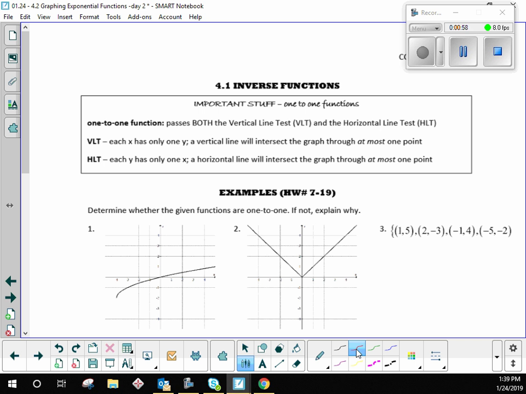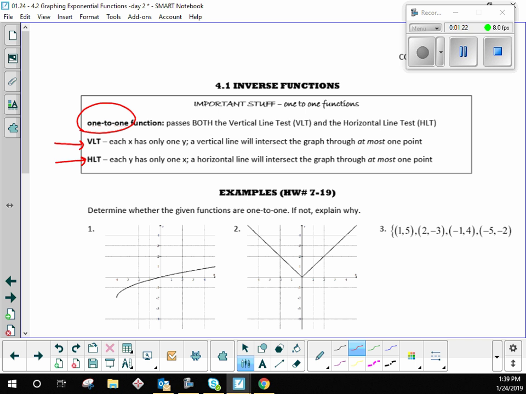And what happens in that case is if something was a function and passes the vertical line test, in order to be an inverse function, or something we call one-to-one, we also want it to pass the horizontal line test, which works exactly the same way. A horizontal line anywhere on the graph would pass through only one point.